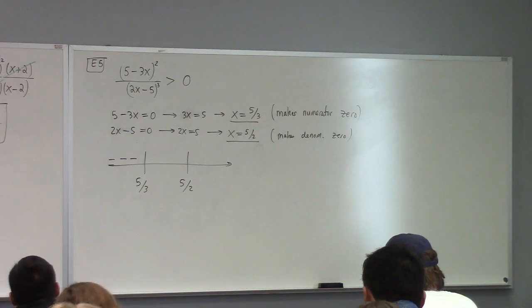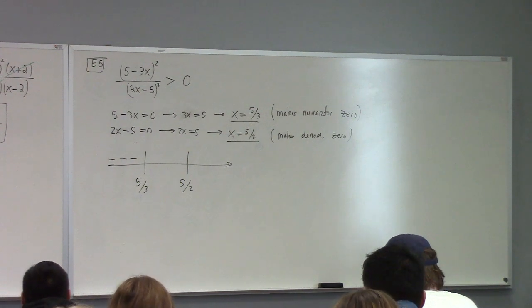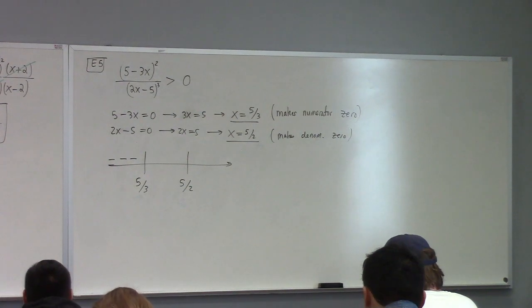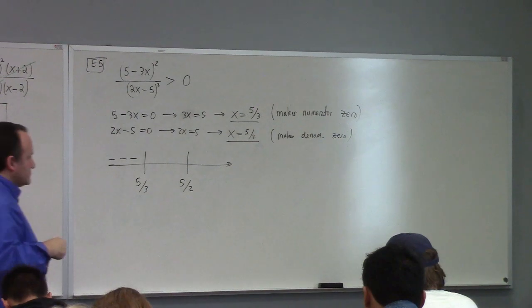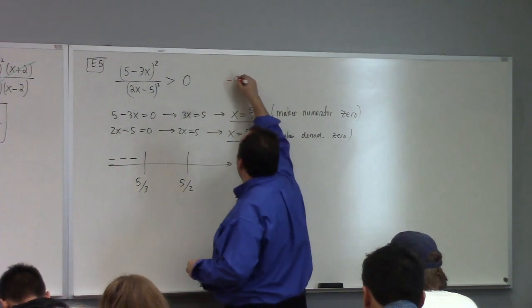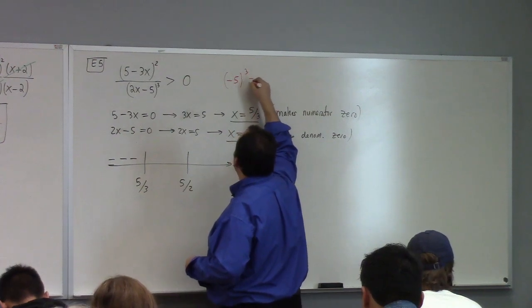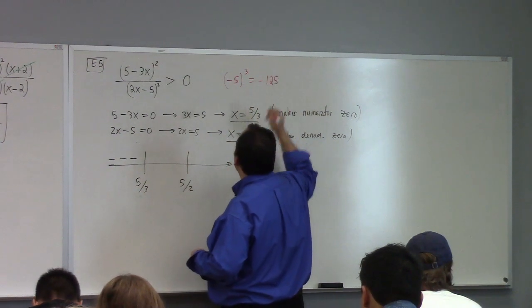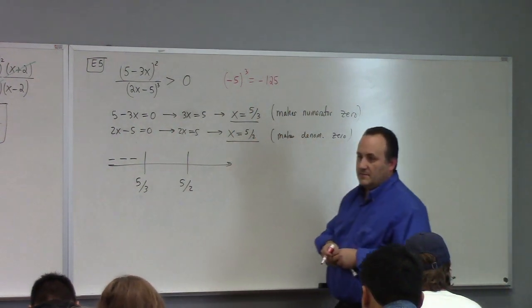Now, how about negative 5? Is negative 5 cubed still negative? Yeah, minus 5 cubed is equal to minus 125. So it's negative.